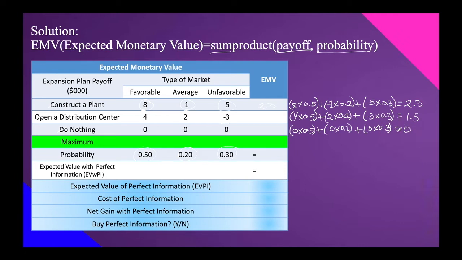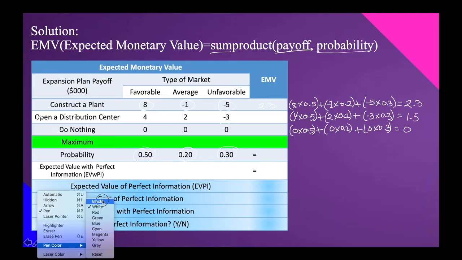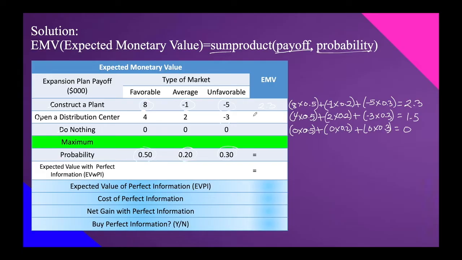Okay, now, I will change my ink into black. So we have here in constructing a plant 2.3. We have 1.5 and 0. Now, we need to find, guys, for the data na kailangan natin ditong ilagay sa bandang baba ng table, we need to find first yung mga maximum.